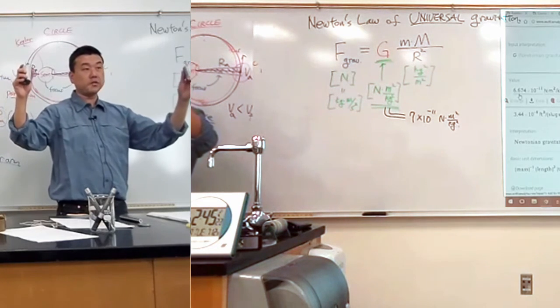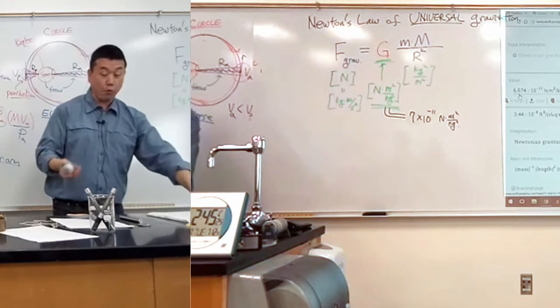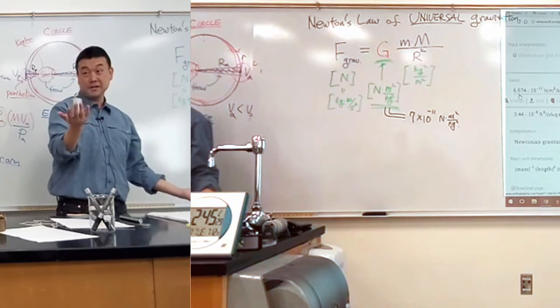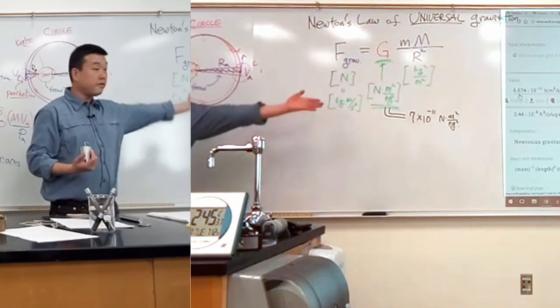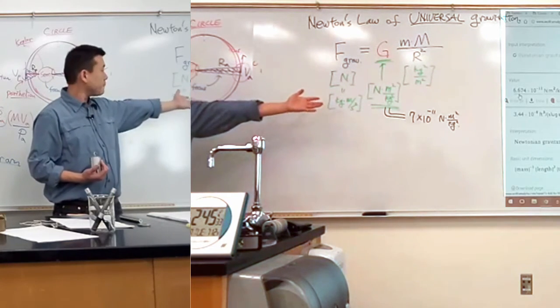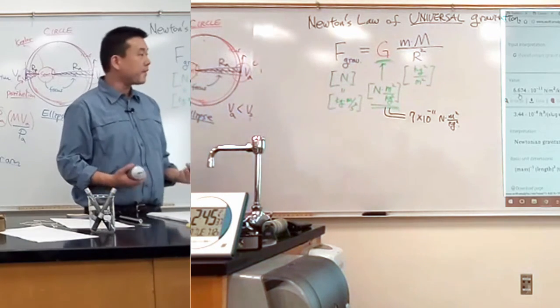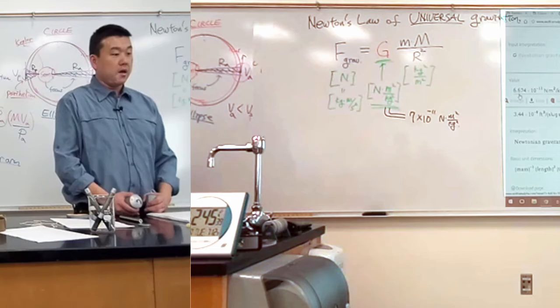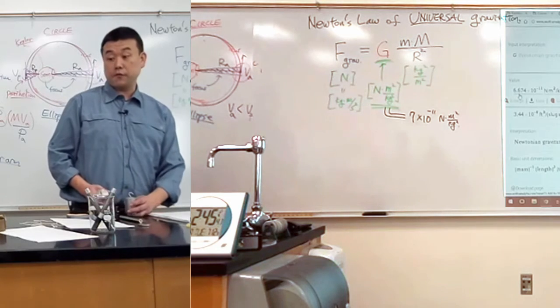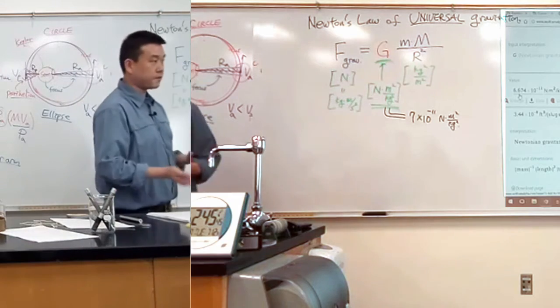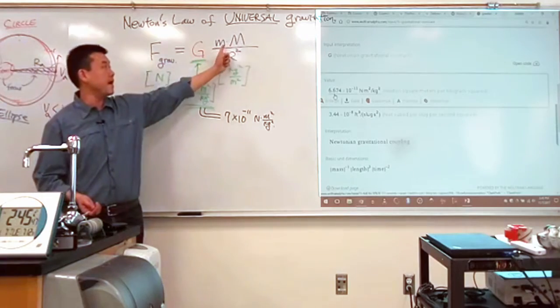Such a small amount of force that compared to almost anything, like the weight of the 1 kilogram mass alone, which is already 10 newtons, it's a very small number. Because this G is such a small number, usually the context where you would see significant gravitational force is when you have a very large mass.